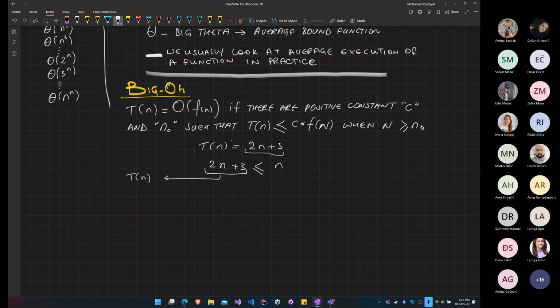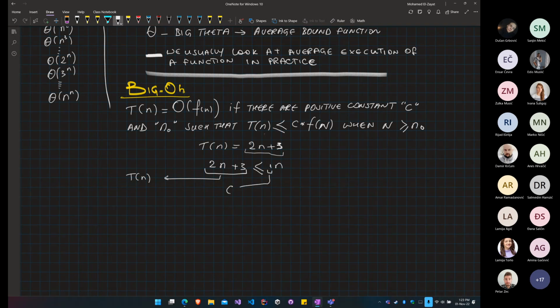I simply took T of n, substituted it with some example from my pocket, and put it there. For example, if I put here, let's say 1, this is going to be your constant. This is your C. And this is, in fact, f of n, the function which you are executing.